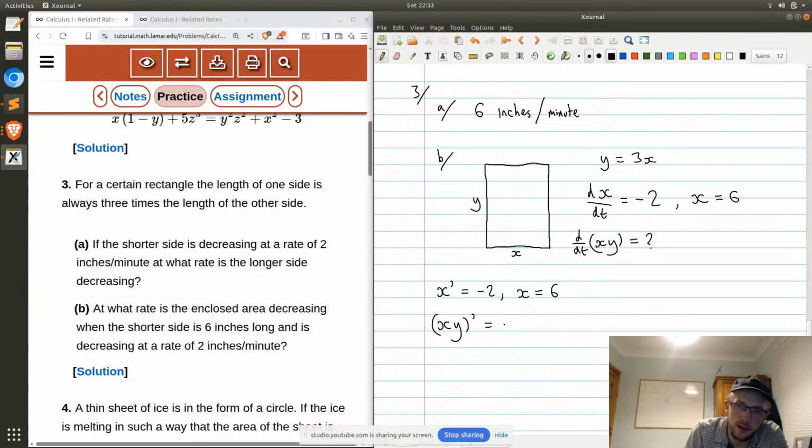And what is the prime of xy? It would be x prime y plus xy prime, wouldn't it? Right? And if x is 6, we immediately infer that y is 18.